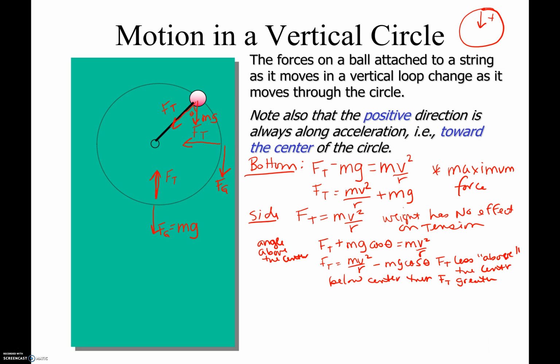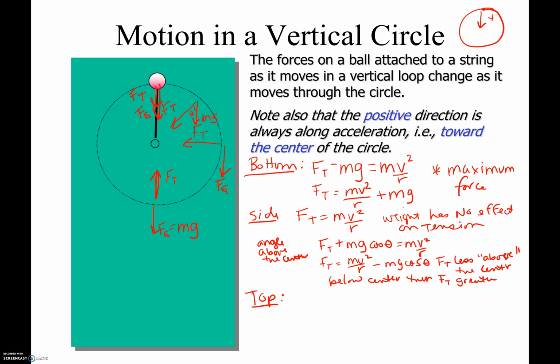Now, what about if we get to the top of our circle? So if we're at the top and we draw our free body diagram, we have the weight, our force of gravity down, and we have our force of tension down. They're both pointing in the same direction, towards the center of the circle.